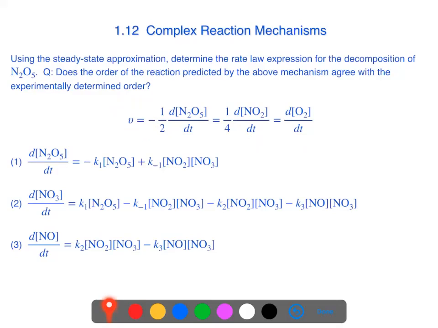So the first step, nonetheless, is to focus in on the decomposition of N2O5. And so equation 1 is going to express the formation of N2O5 with respect to that reaction mechanism.